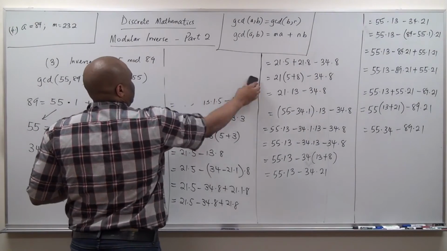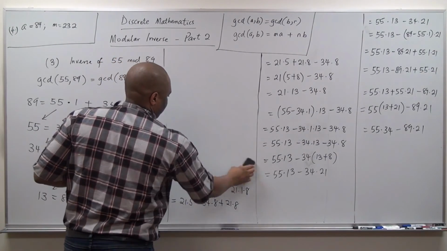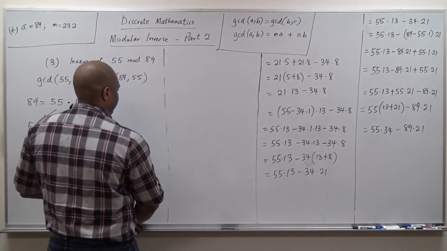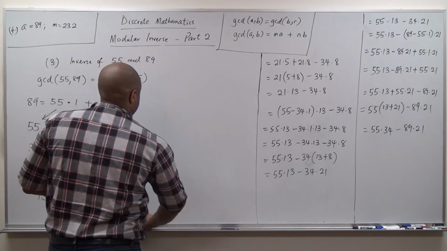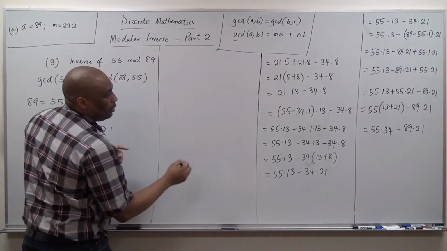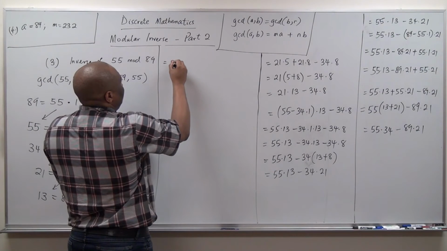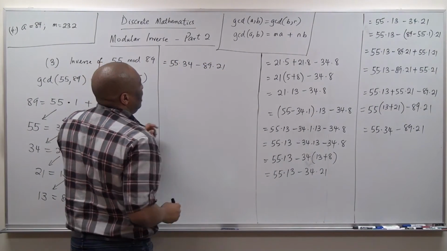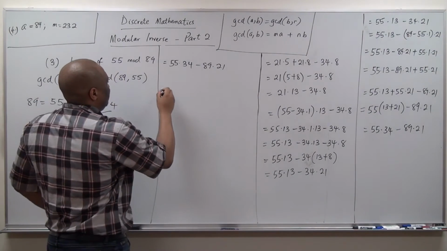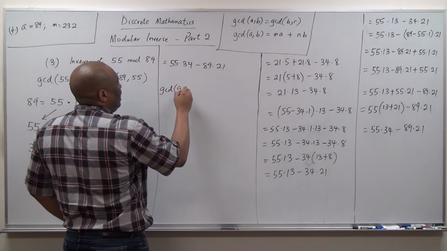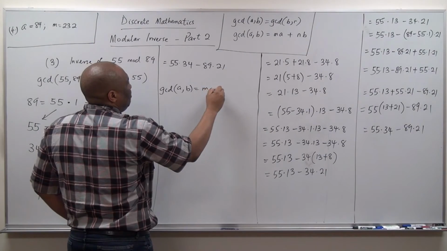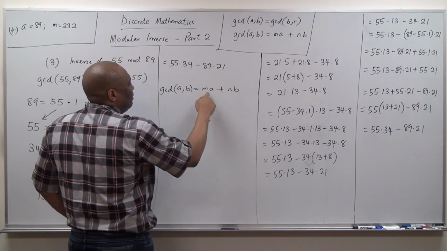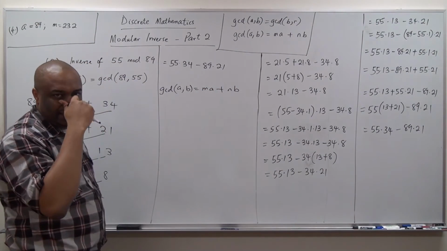So assuming I erase this, we now see that, of course, this is 55 times 34 minus 89 times 21. Now, remember, with Bezout's coefficients, the GCD of A and B will give us MA plus NB, right? Where M and N are the Bezout's coefficients.